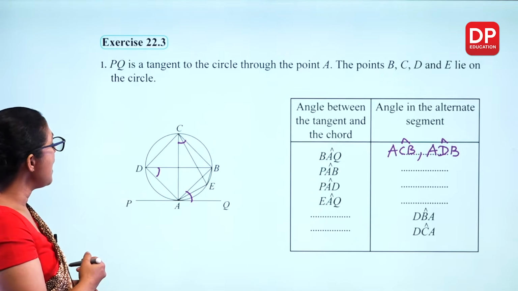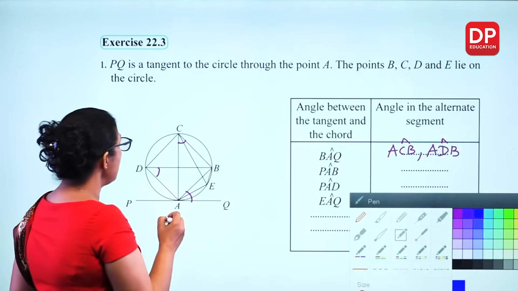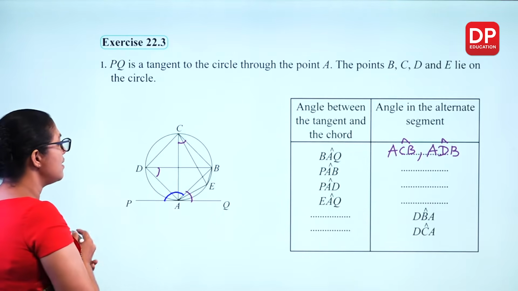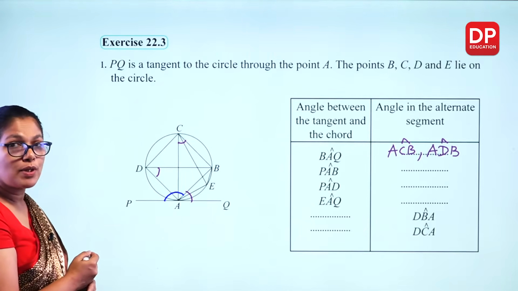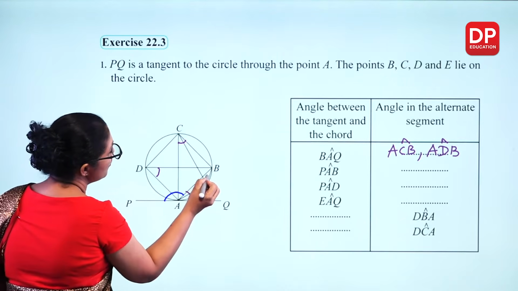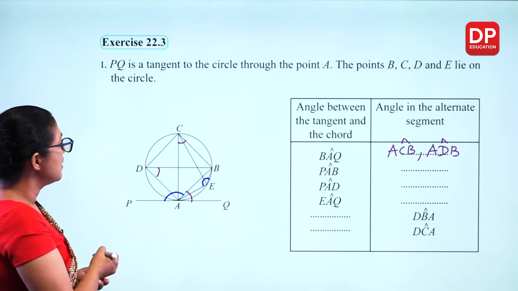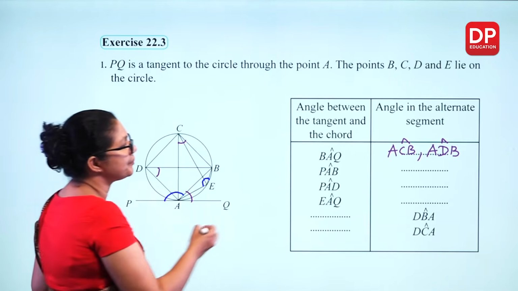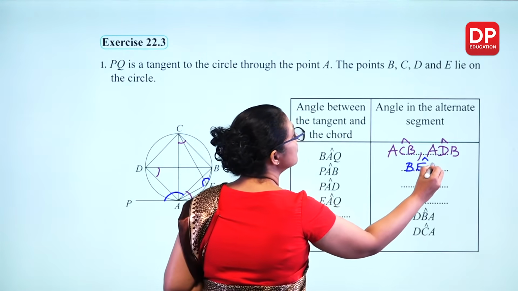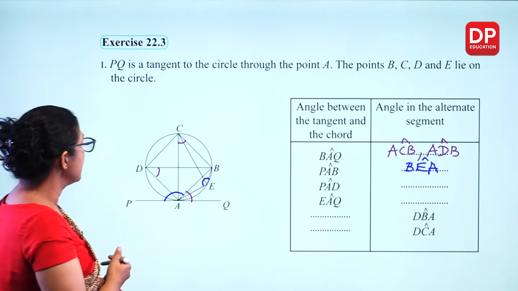Then PAB. PAB angle, this angle. This is the other angle between the tangent and the chord. So that angle is equal to the alternate segment angle BEA. Next one, PAD.